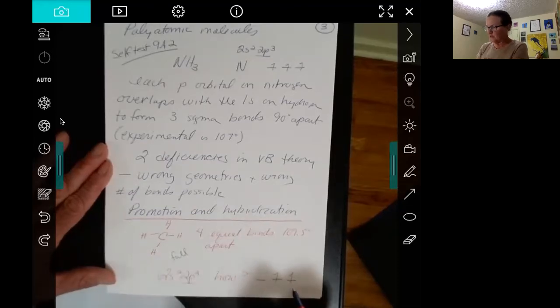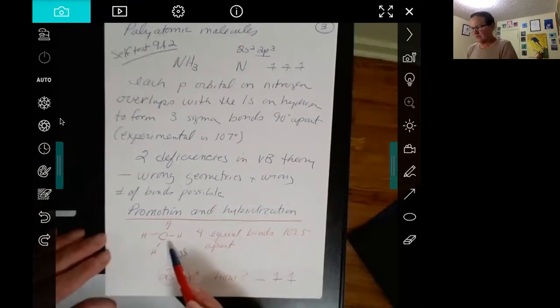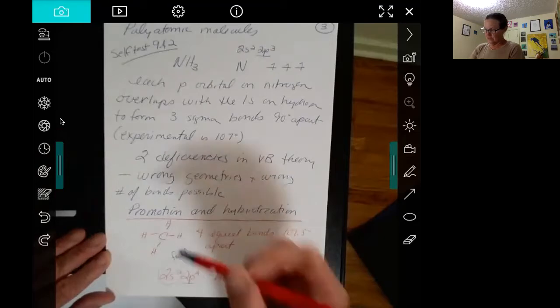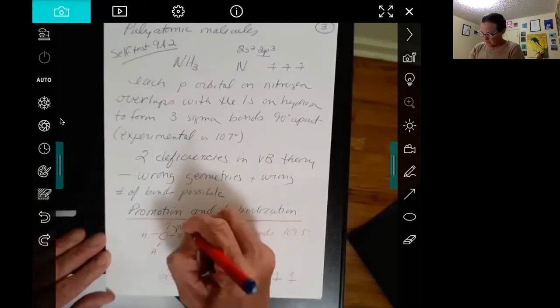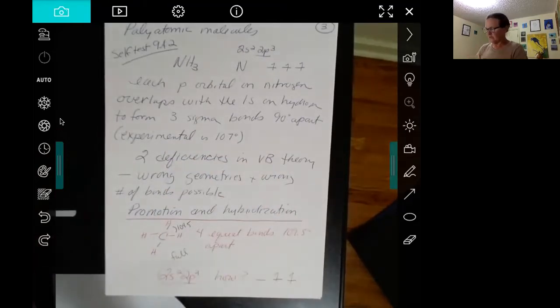And we have 2 p orbitals each with 1 electron. How are we going to make methane when we only can form 2 bonds? And how are we going to make methane with 109.5 degree angles if the p orbitals are 90 degrees apart?